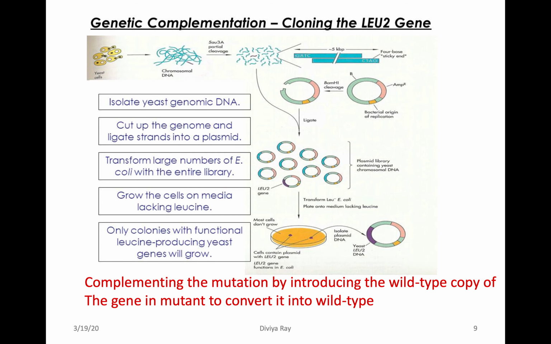Before we do so, let's take a look at this slide. This slide is basically representing what we just went through. Yeast cells isolate the chromosomal DNA, degrade it, and then clone it. The mutant yeast had a defect, a mutation, as a result of which they were not able to synthesize amino acid leucine.